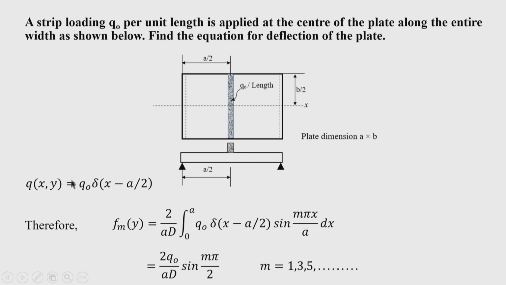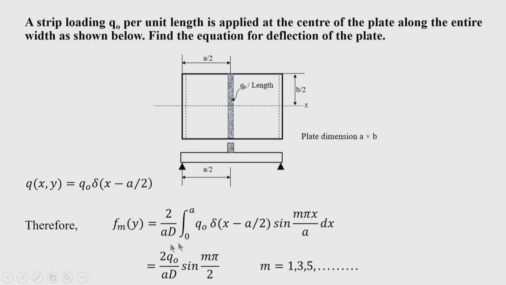So, after substituting this loading function into this F_m(y), that is required to find out the non-homogeneous term of the differential equation, by virtue of the property of the Dirac delta function, we can now easily write 2 q_0 a / D, where q_0 is a constant, and sin(m pi / 2).